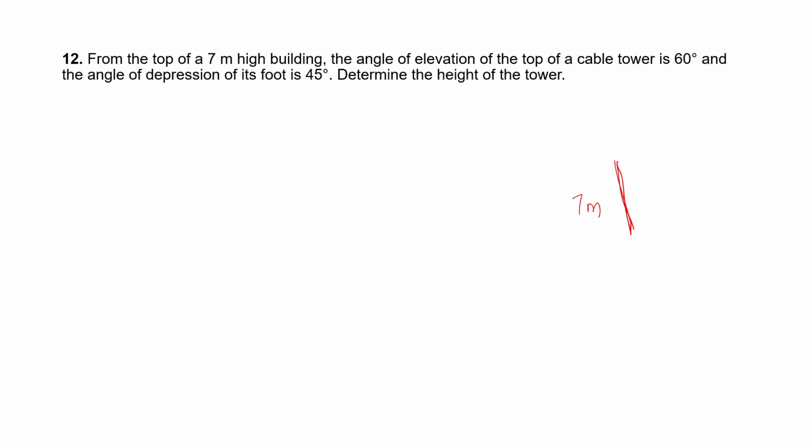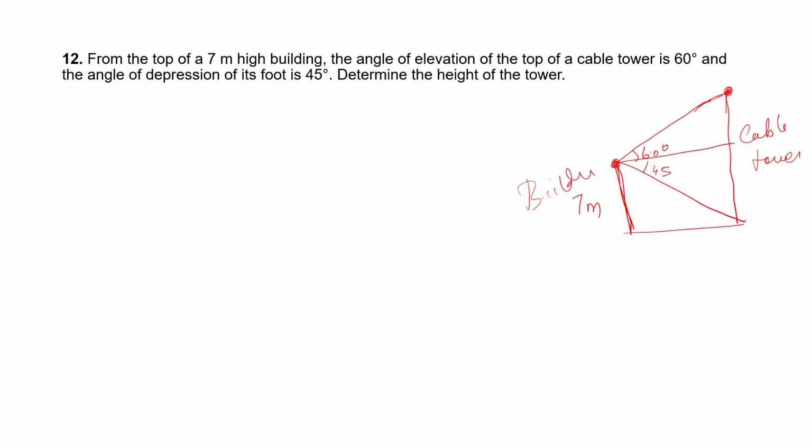The tower is somewhere over here, 60 degree, and the angle of depression of the foot is 45 degree. So this is the cable tower and this is our building. From the top of the building, the angle of elevation to the top of the cable tower is 60 and to the bottom is 45.